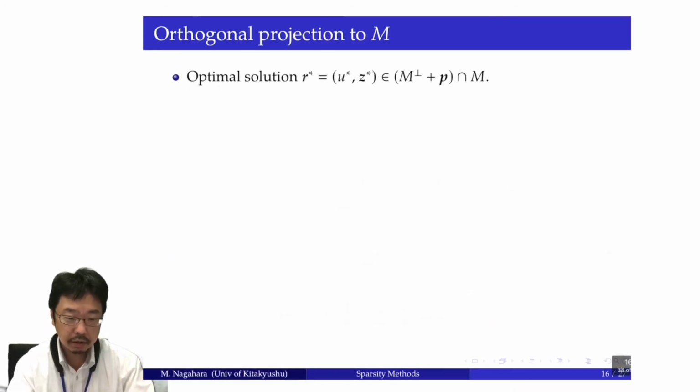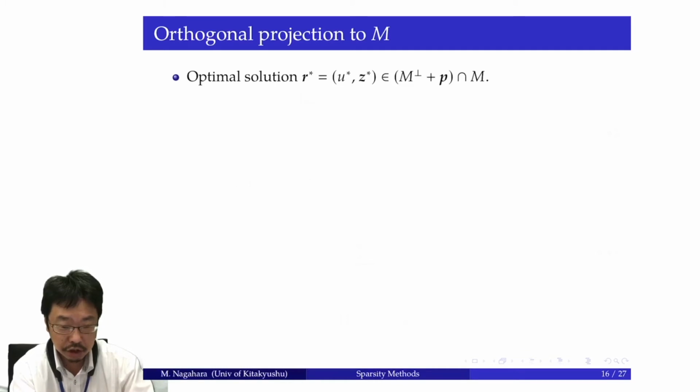Remember that the optimal solution r asterisk, denoted by u asterisk and z asterisk, is in the intersection of these sets.